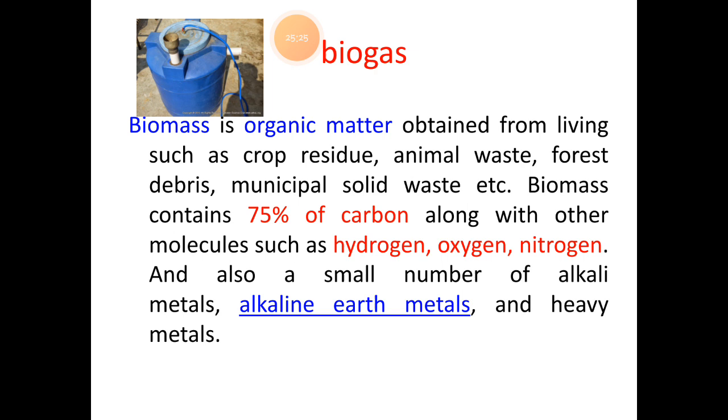To understand biogas, we need to know the concept of biomass. Biomass is the organic matter obtained from living organisms such as residues of crops, waste of animals, debris of forests, and solid waste of municipal areas, etc. Biomass contains 75% carbon along with hydrogen, oxygen, and nitrogen.